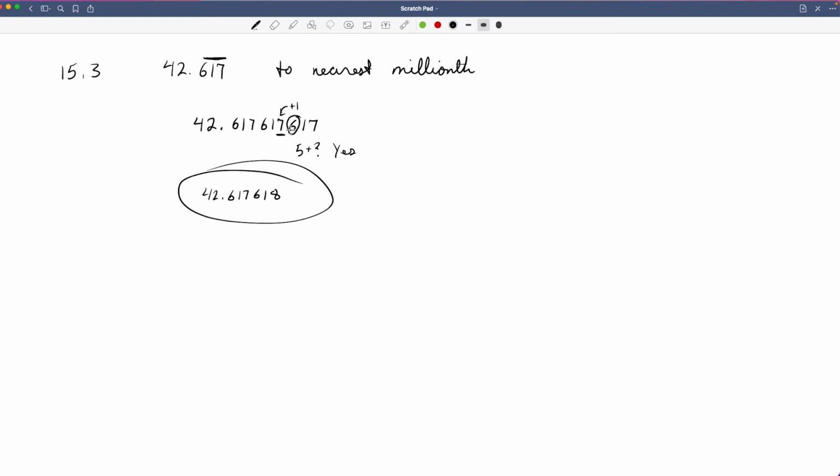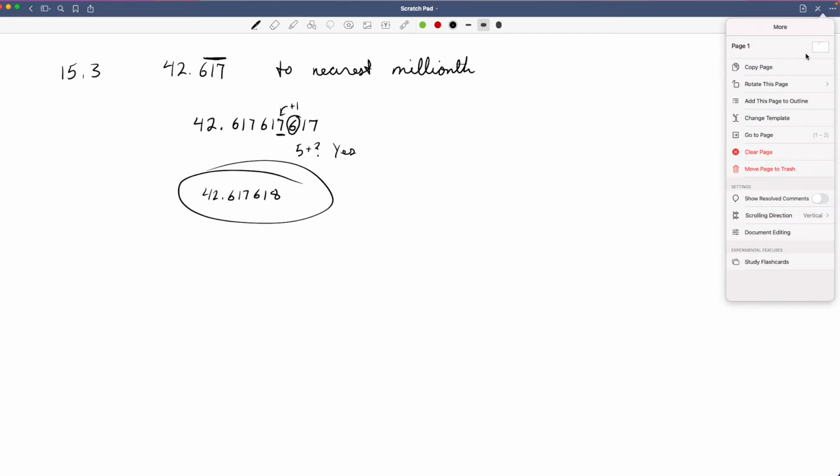So I was able to take all of this and round it up to 1 and add it to the place value that I needed to round to. So that is how you would do any type of rounding a repeating decimal.